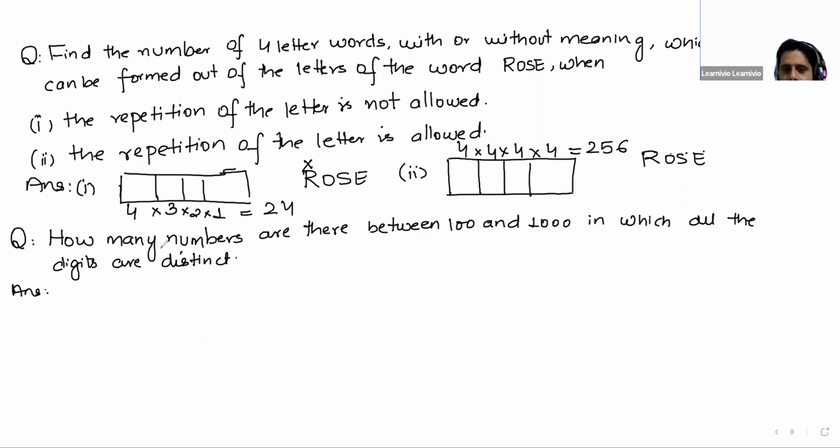Okay, Krishna, how are you getting 6? How many numbers are there between 100 and 1000 in which all the digits are distinct? So Krishna, first, can you tell me how many digit number this is? 504. Let me check. No, this is too small. No, there's a mistake in this. Krishna, please check again, and I will explain this question to you and Rishan.